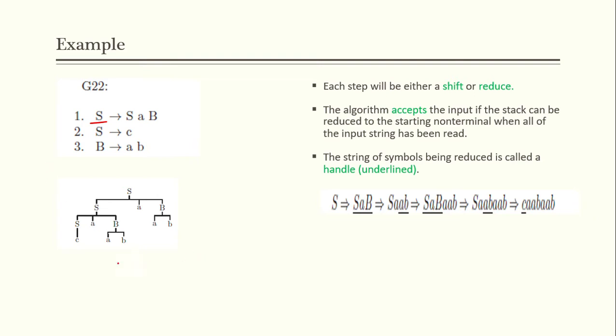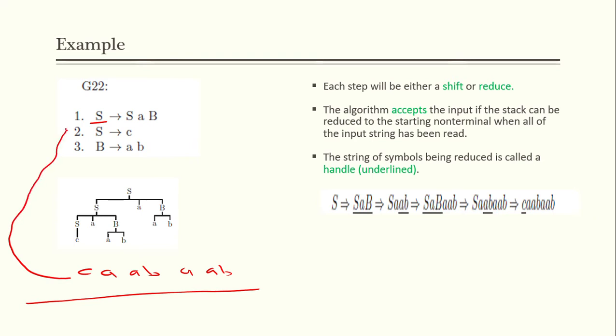If you look into this derivation tree, the input symbols are C, A, B, A, B. From these input symbols, we want to be able to reduce until we lastly get S. So that is bottom-up.